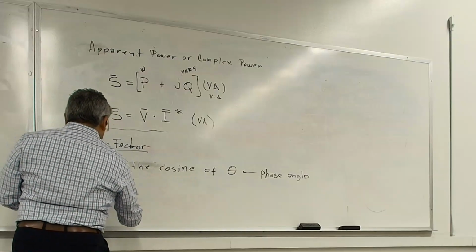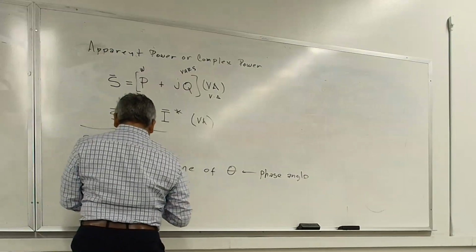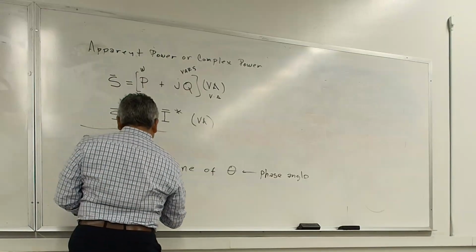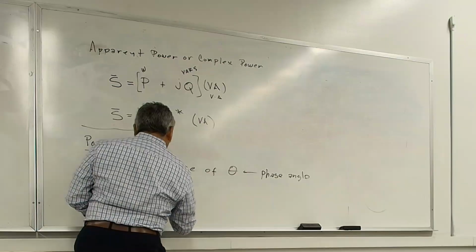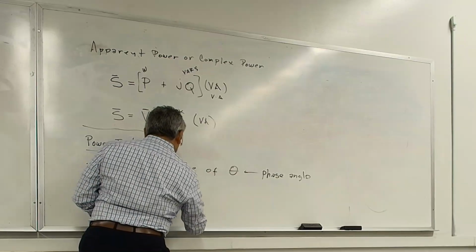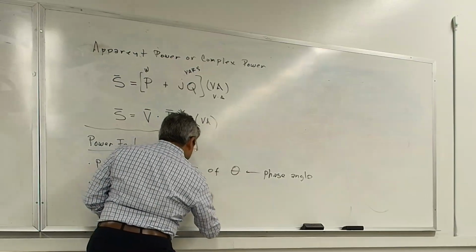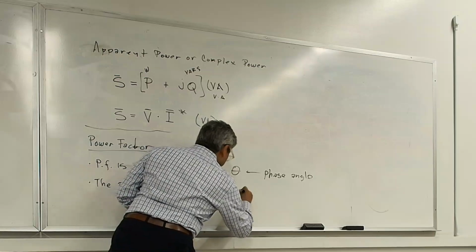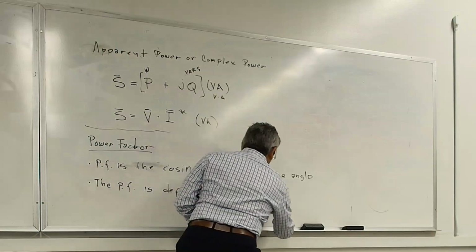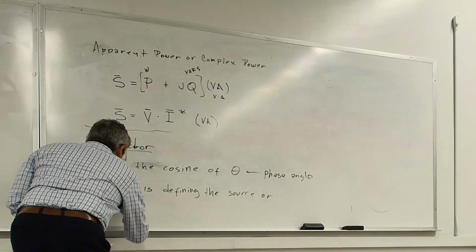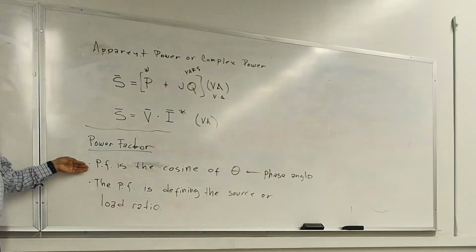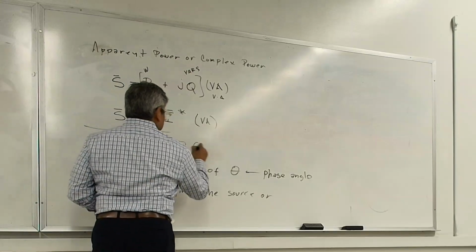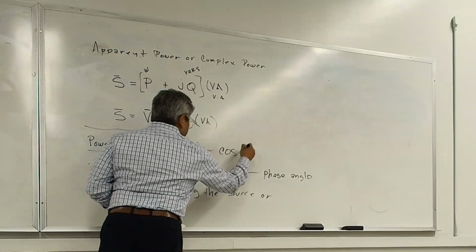The power factor is also defining the source or load ratio, and we'll talk about this in more detail. So the formula for power factor is equal to the cosine of theta.